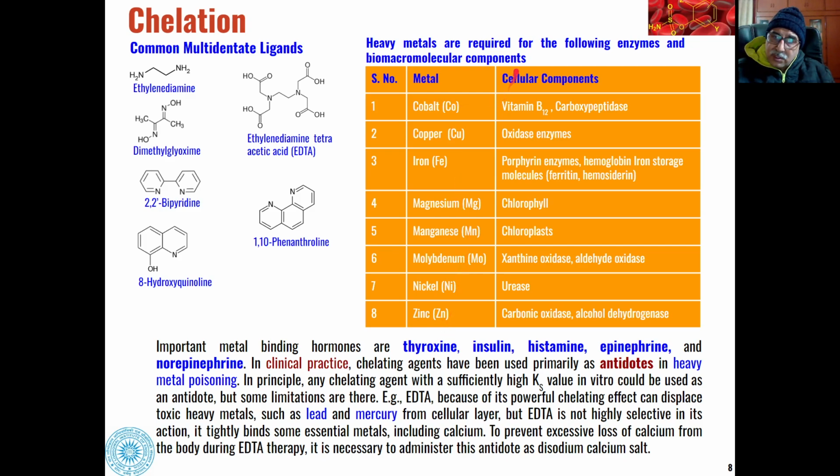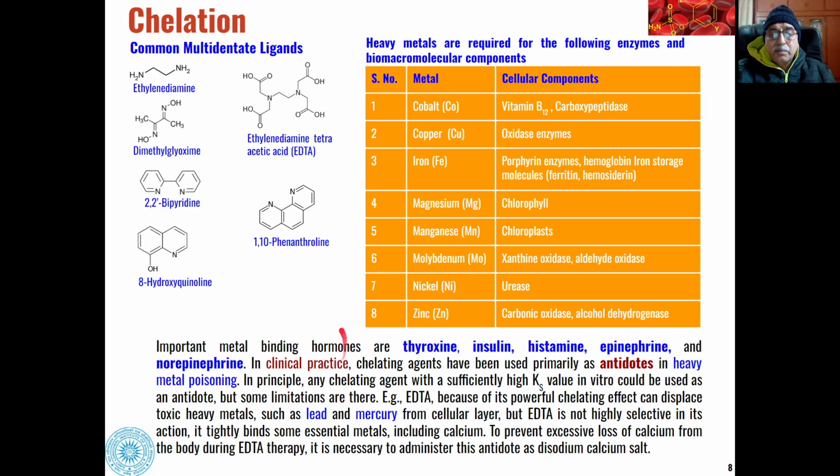So all these types of enzymes which are present even in our body, they contain these metal ions with whom they chelate to form a strong chelating complex, coordinating complex, which will act as a drug for different types of diseases.